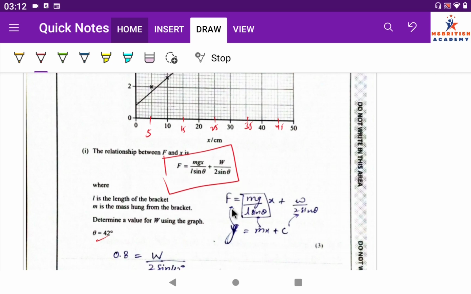If we compare this with y equals mx plus c, anything multiplied by x is the gradient. So the gradient will be mg divided by L sine theta, and c will be W by 2 sine theta.